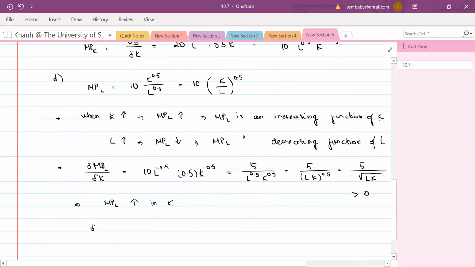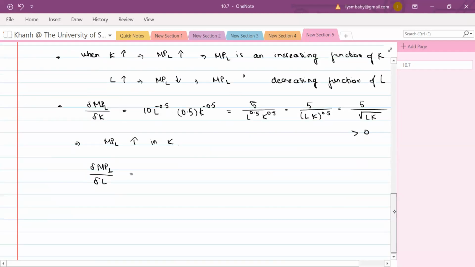All right, and again, very similar. We differentiate marginal product of labor with respect to L. Now, if we want to prove that it is a decreasing function of L, we just have to show that this differential is smaller than 0.